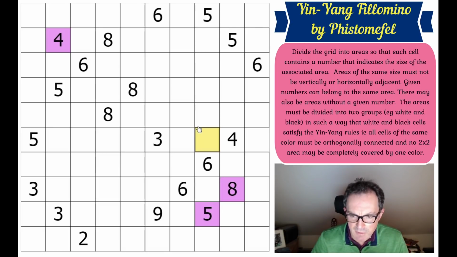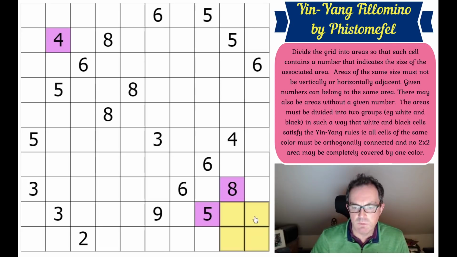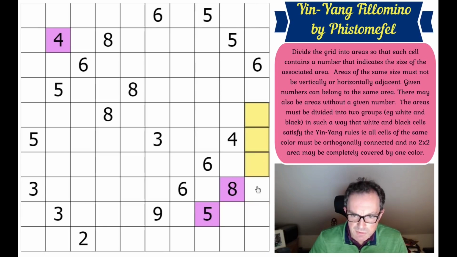How am I ever going to fill this region? We know one of these squares here must be green, because otherwise we've got a purple 2x2 in the corner. And we know whichever one is green of these has to get out of this region.